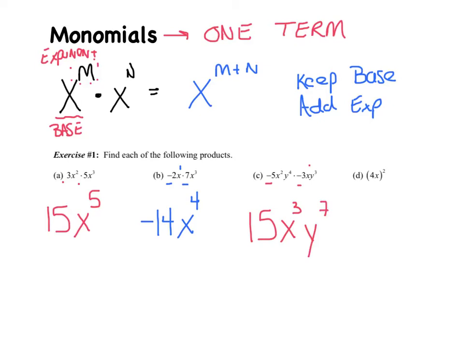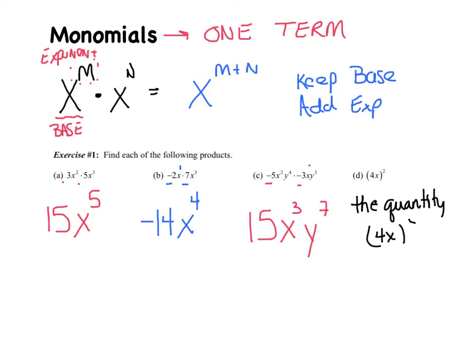Now, there's a couple ways to do part D here. (4x) quantity squared. All right, I actually should say the quantity 4x squared. And let's write that down. Anytime you have parentheses, we're going to read that as the quantity. Quantity 4x squared. All right, and that means two things.